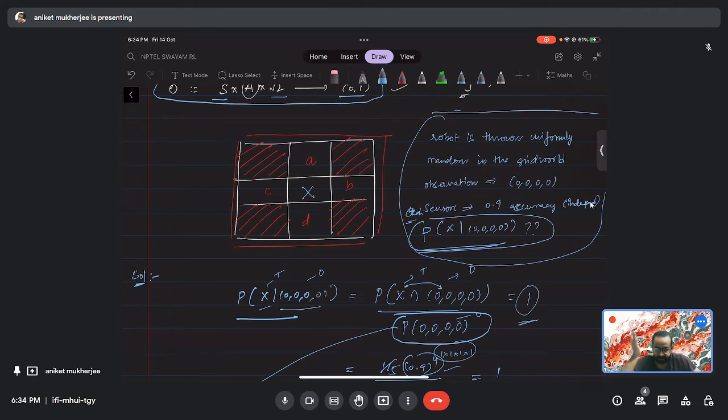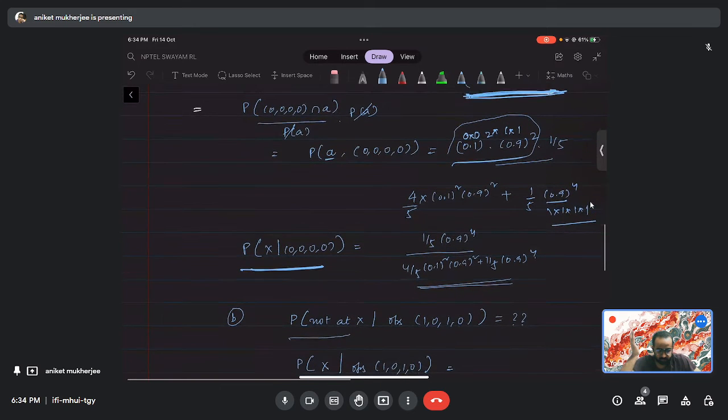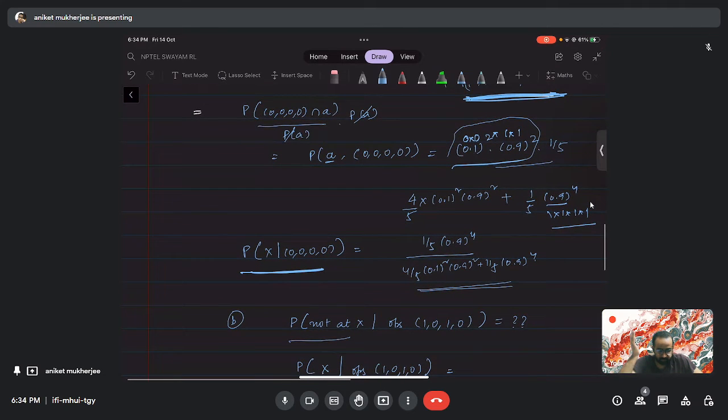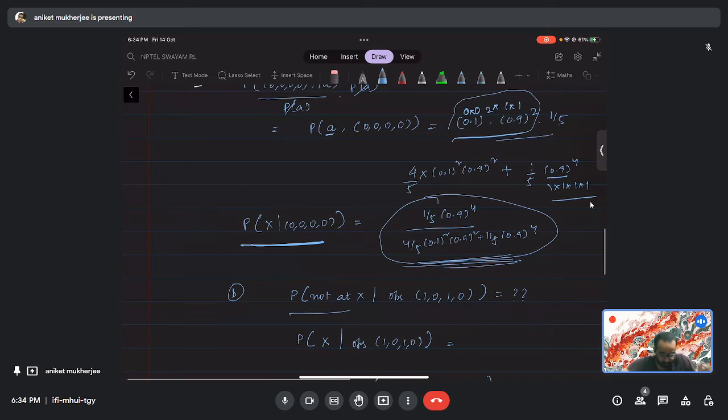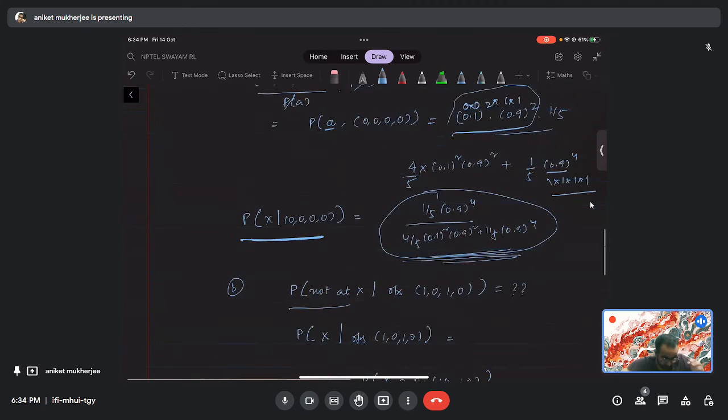The probability of being in that state, which is 1 by 5? No, it's not 1 by 5, you need to calculate it. It's some big number, I'm not sure what number you get, but some number between 0.0 and 1. It's not 1 by 5. It was 1 by 5.